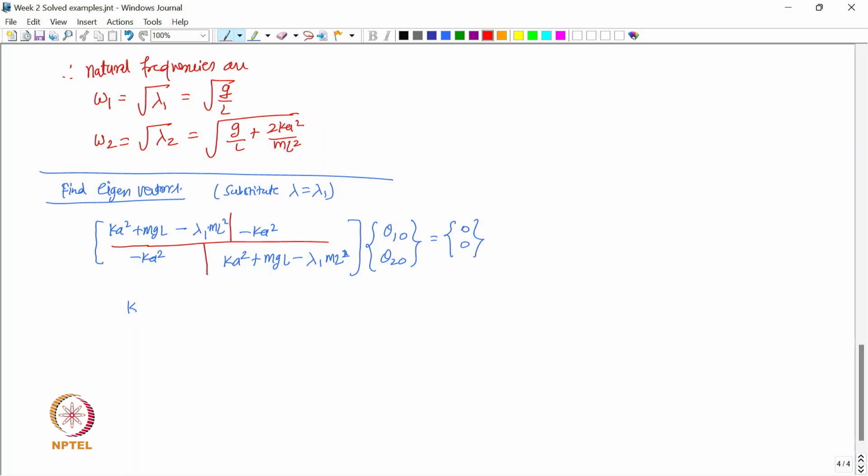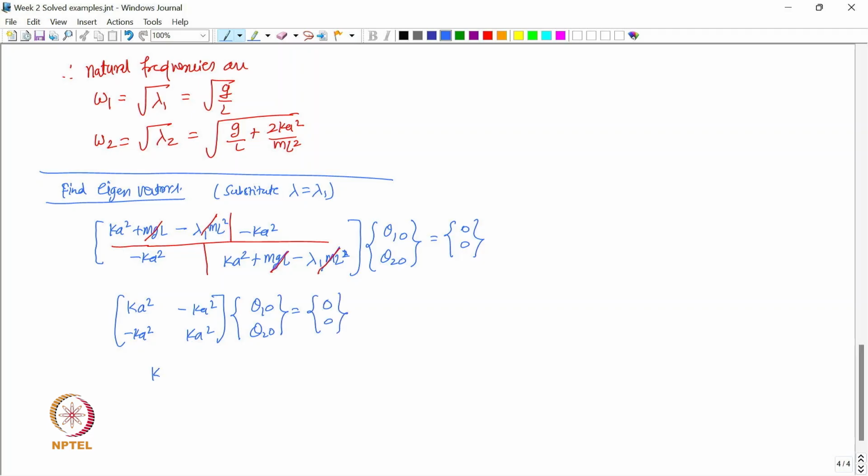Here λ1 is g by L, so this term essentially cancels with this when you substitute λ1 equal to g by L. You are then left with the matrix k s², minus k s², minus k s² and k s², and this also cancels, multiplied by θ10, θ20, equal to 0, 0.